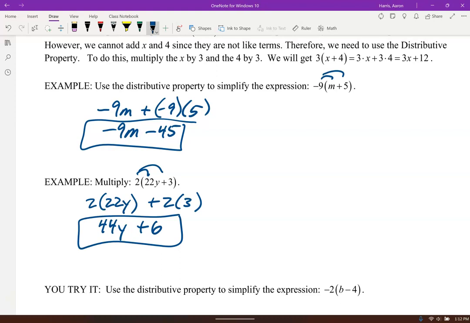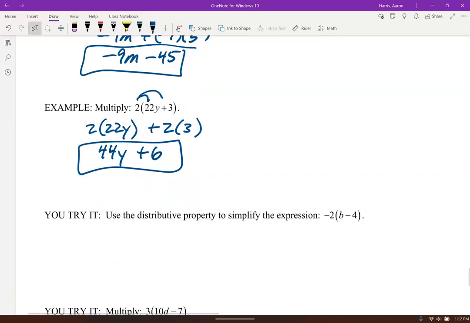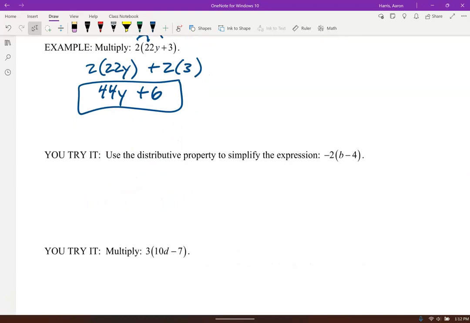And finally, we're kind of running out of time today, but let's go ahead and check these. I pause it and try these. But you got -2 times b plus a -2 times the -4.